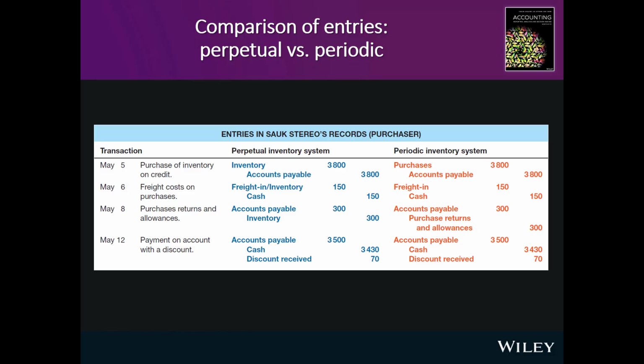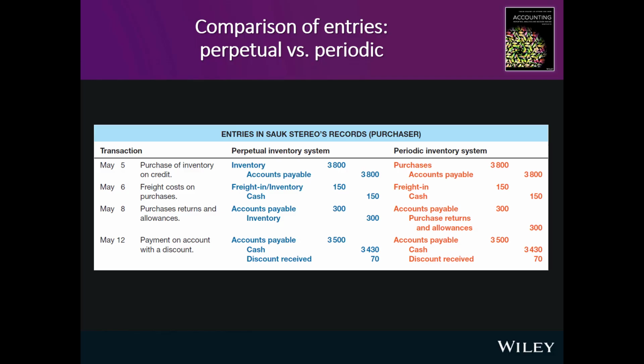As you notice, for example, if you purchase inventory on credit, in the perpetual inventory system we have debit inventory, credit accounts payable. But for the periodic inventory system, we're using the account purchases. Then for freight costs, almost the same, but in some instances in the perpetual inventory system, as I mentioned in the last discussion, inventory can be used also.